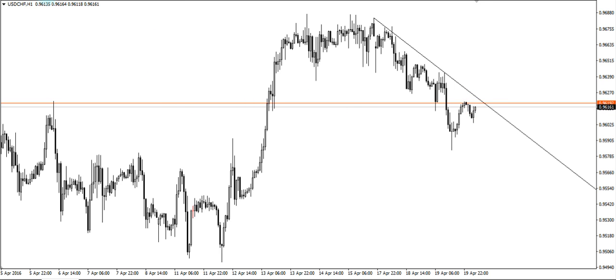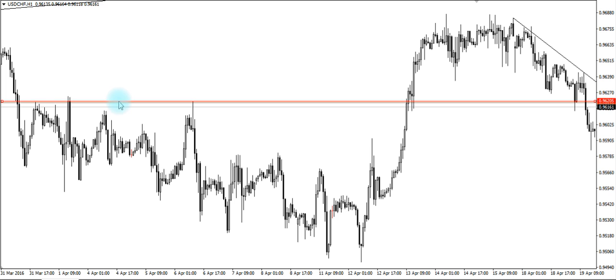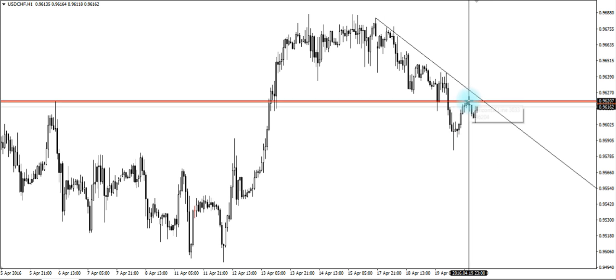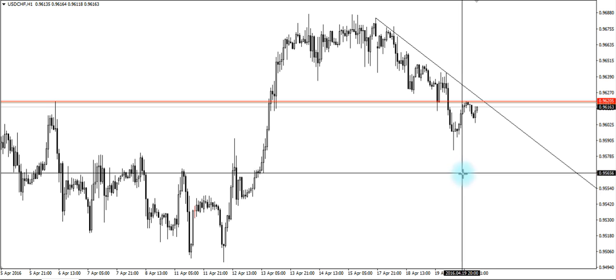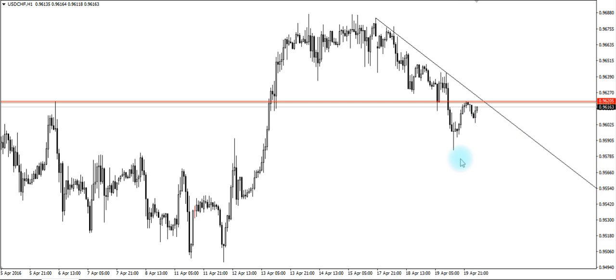But we will also like to take note of the previous resistance level here. Alright, you can see that is the previous resistance. Price is coming back to this level, came down, waiting for the price to retest the level, which coincides together with the falling trend line, and then to look for the sell. So that is for the dollar against the Swiss franc.